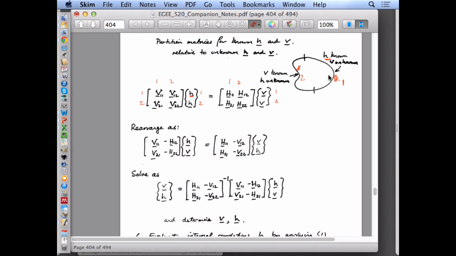And so we know the heads at location 1. So we know these, and we know these. And so what we're going to do is rearrange these equations in terms of those values.